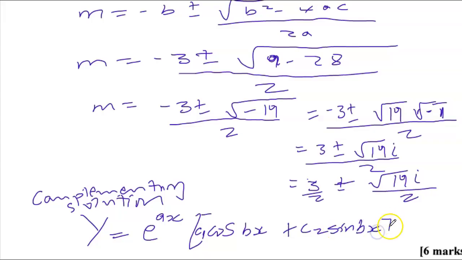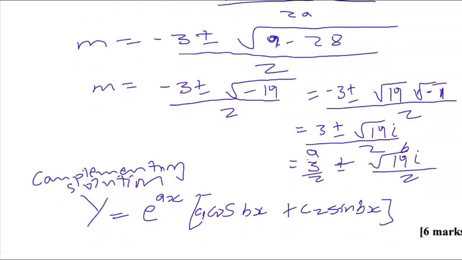And what's a and b? Of course, a is the real part of the complex number there, and b is the imaginary part of the complex number there, right? So a and b are the parts of the complex number, real and imaginary, respectively.